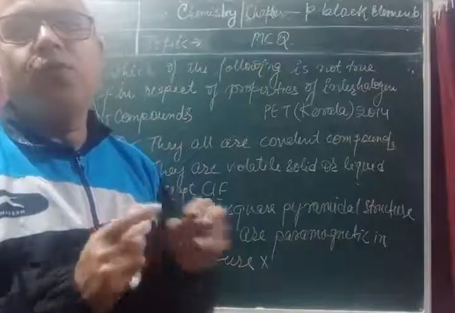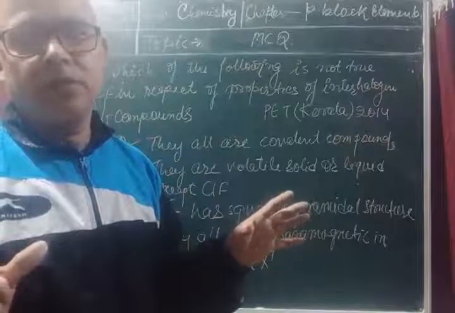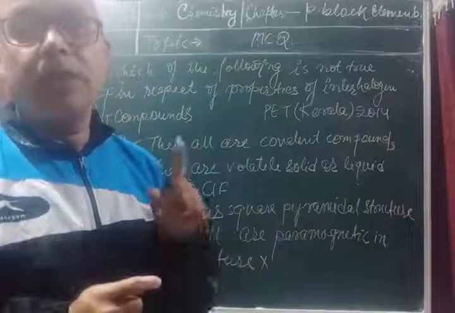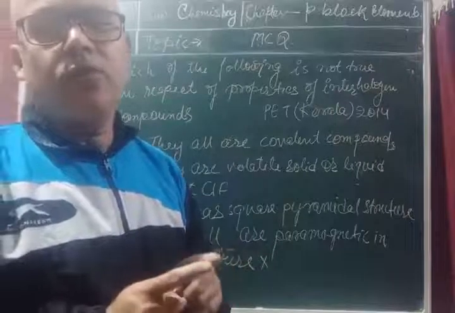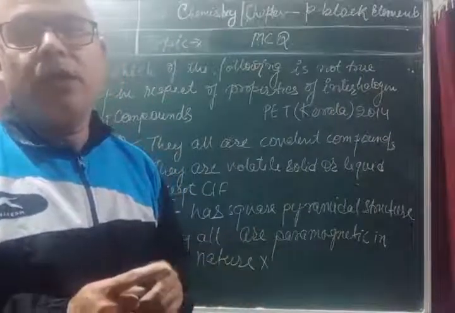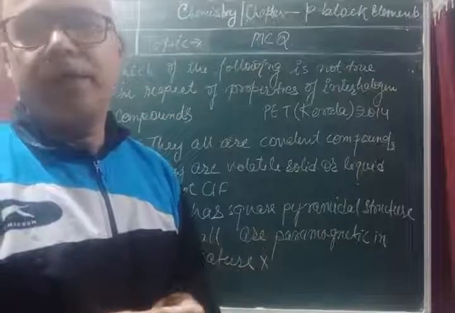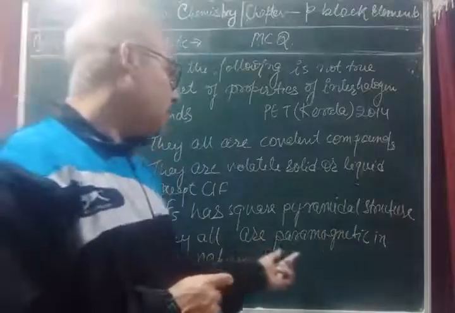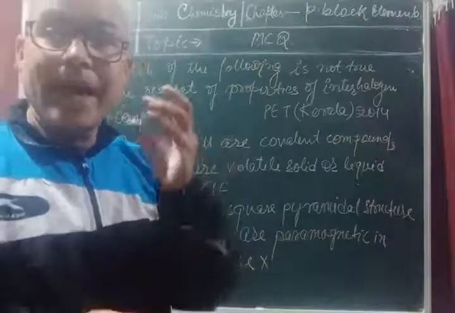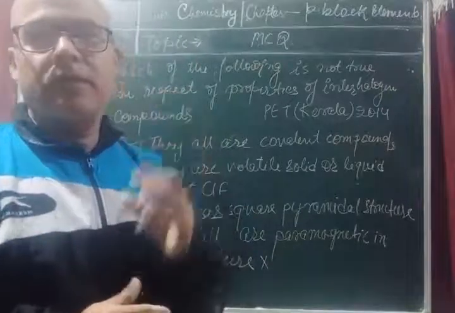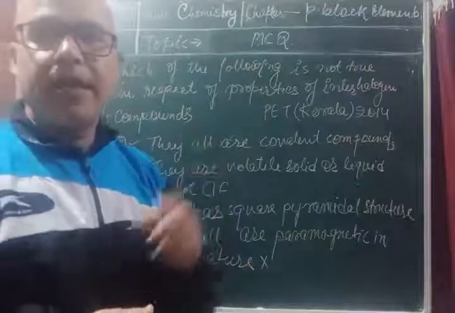There will be no unpaired electron; all electrons will be paired. Therefore all the interhalogen compounds will be diamagnetic.